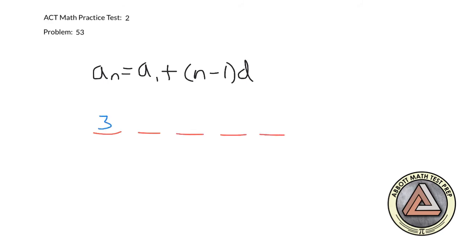It means you have some starting number, and then maybe this goes up by 4 every time. So it goes 3, 7, 11, 15, and 19, and maybe it goes on forever. That's how you know it's an arithmetic sequence: when there's the same difference between each of the numbers in the list.